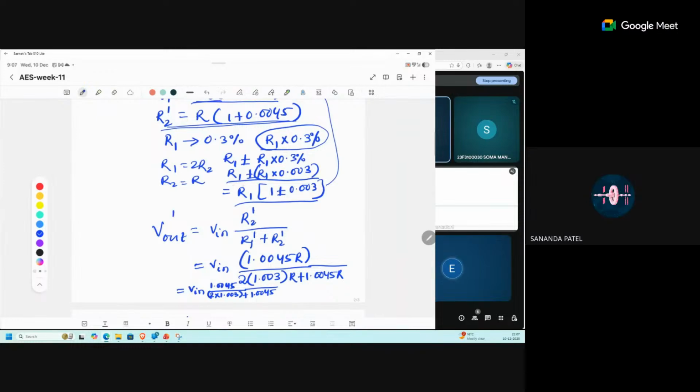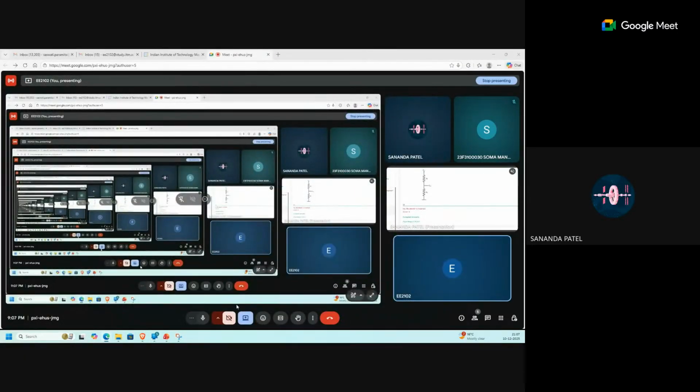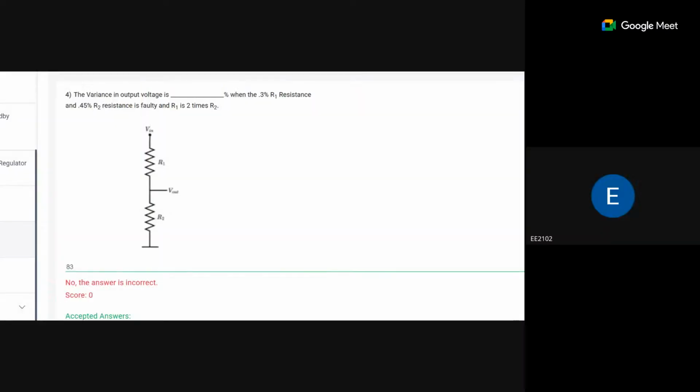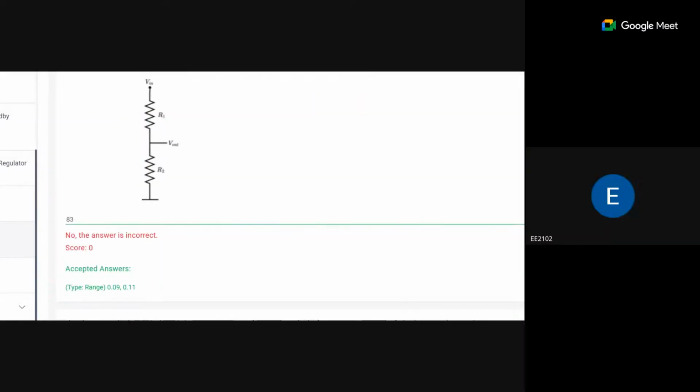ChatGPT also does the same, but if you use ChatGPT, then you should understand also. You may take the help, but sometimes ChatGPT won't give the correct answer, and if some mistake is there, then you will not be able to catch it.